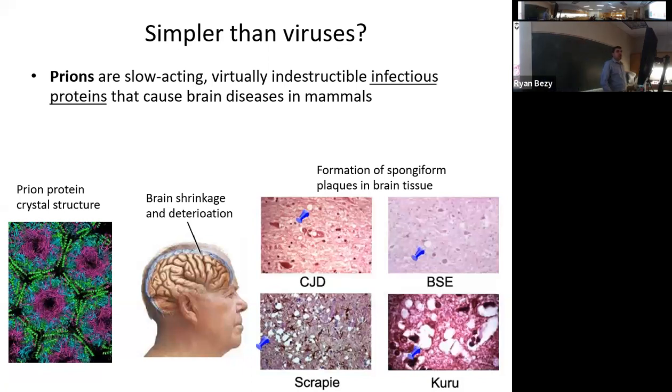Prions are another thing that is even smaller than a virus that can mediate disease. Prions are slow-acting infectious proteins. Very slow-acting, and typically they only are associated with causing disease in the brains of mammals.